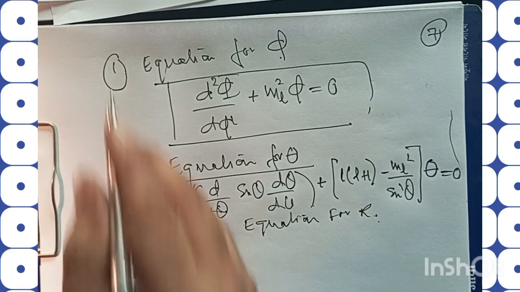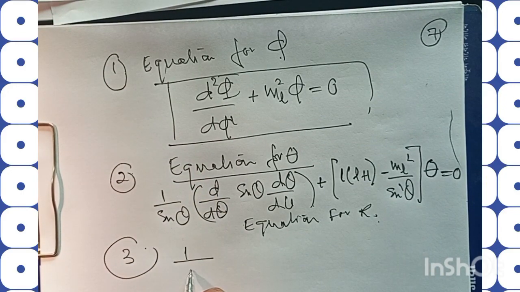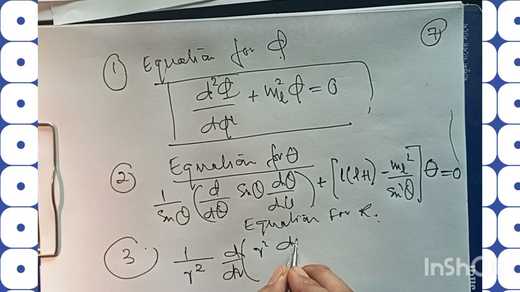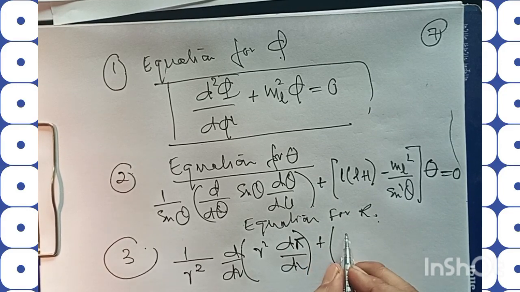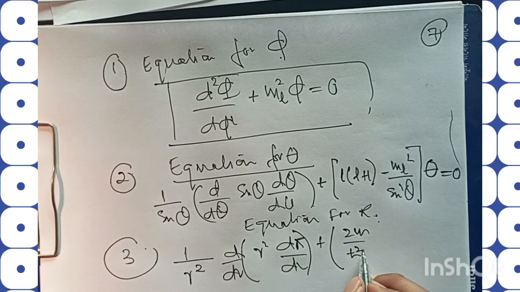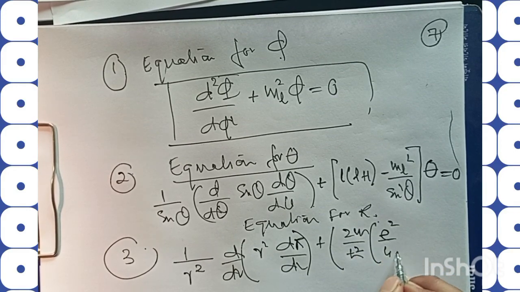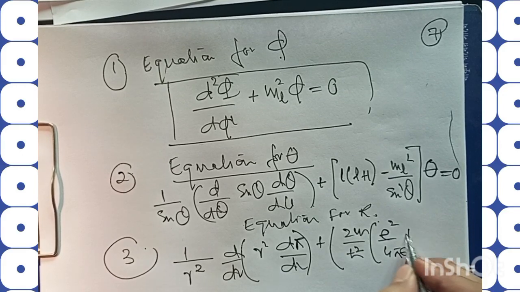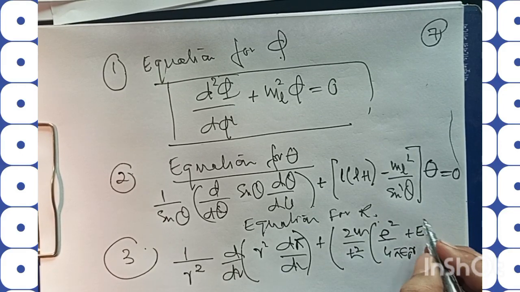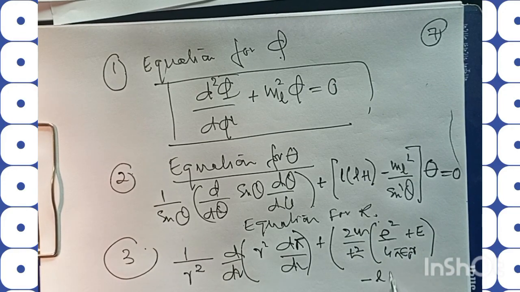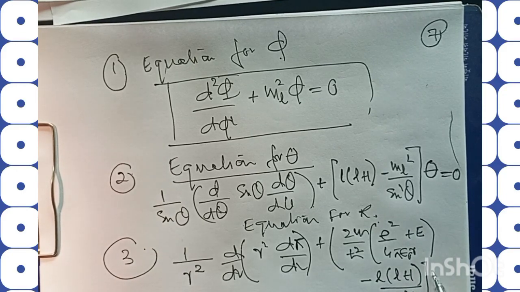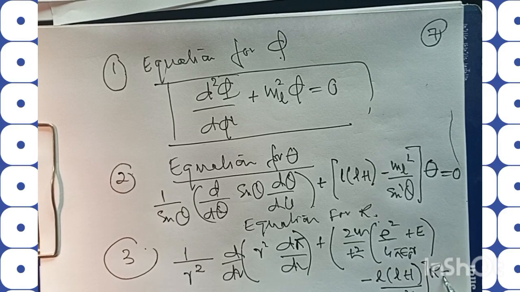So for that we have 1 by r square, d by dr times r square dr by dr, plus, if I start with some bracket, 2m by h cross square times e square by 4 pi epsilon naught r, then plus E. Then close it, and then we have minus L into L plus 1, bracket close, divided by r square, bracket close, in terms of capital R is equal to 0.